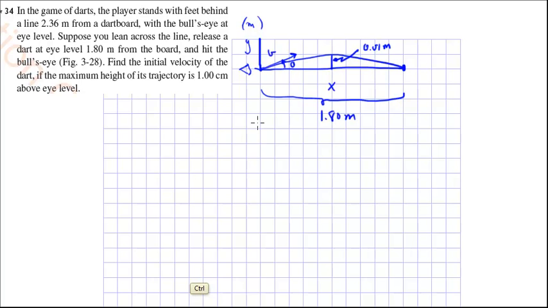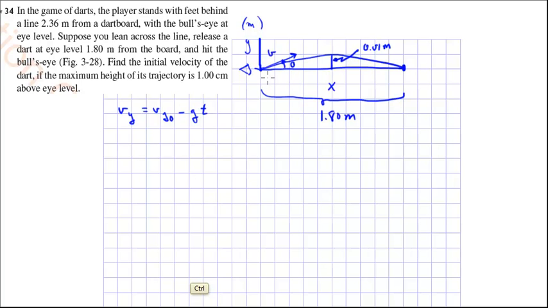I'd like to derive a range equation, and basically the way I'm going to do that is to understand that the kinematic equation for the y direction is Vy equals Vy0 minus gt.